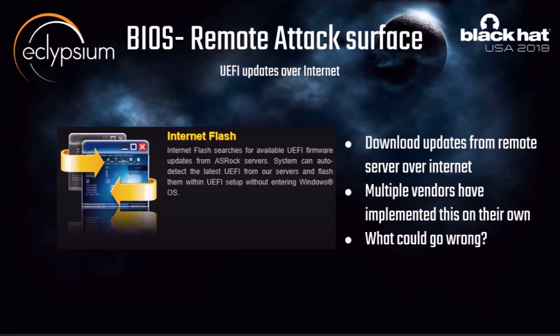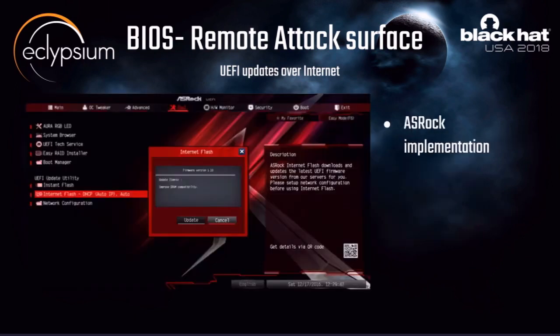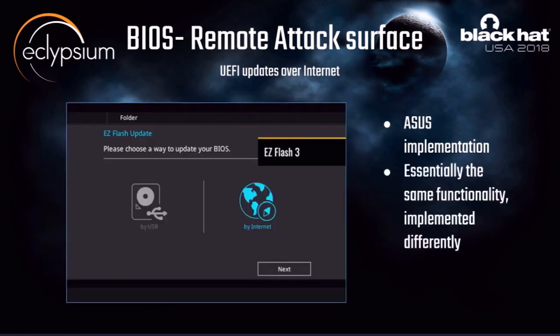And there isn't a standard way to do this in UEFI. So the different vendors have just all made their own implementation, and everybody's done it differently. So there might be some problems with that. Here's an example of what ASRock's implementation looks like. It basically goes out, connects to the internet, and shows you if there's an update, and allows you to update if a new update is available.